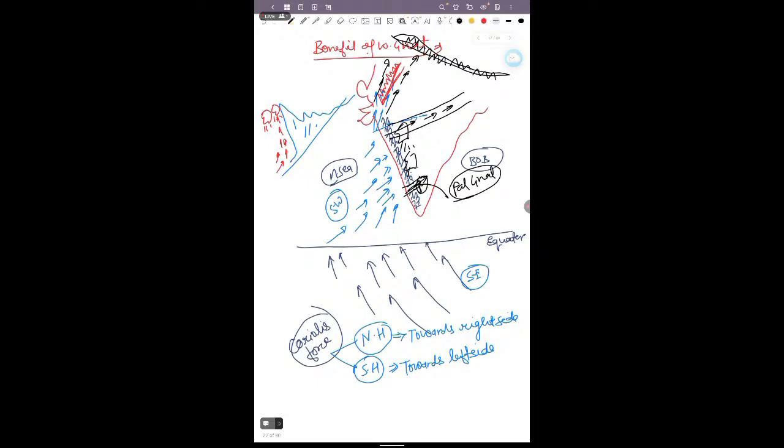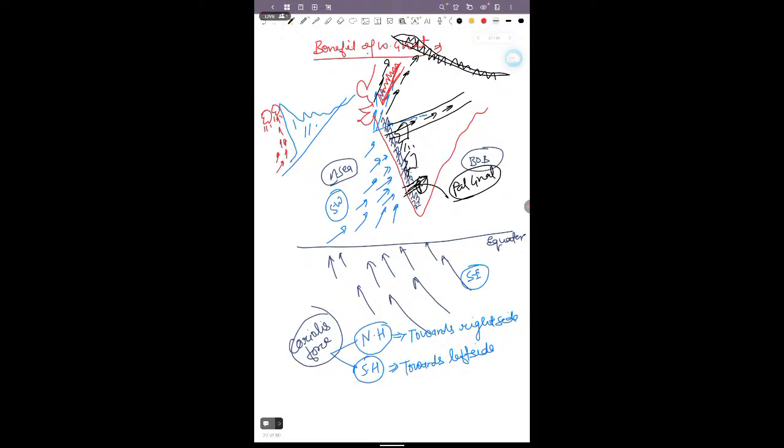And there is some gap in this, that is the Pal Ghat and Thal Ghat, and the one gap between them is the Palakkad gap, near Kerala. Through the Palakkad gap, these southwest winds reach the interior of Karnataka and some part of Tamil Nadu, and they precipitate here.